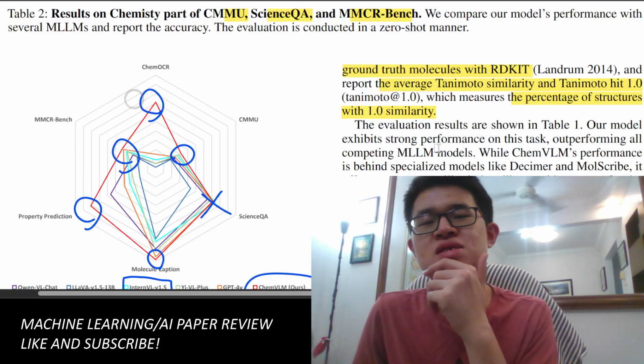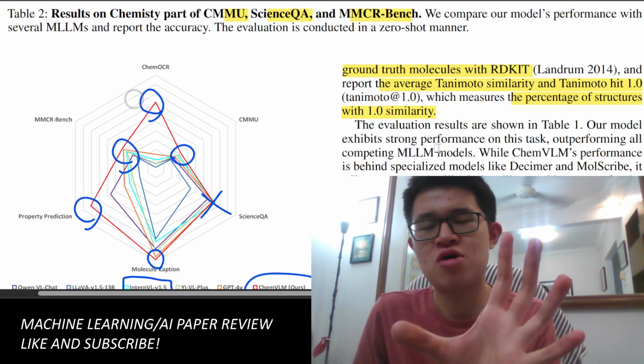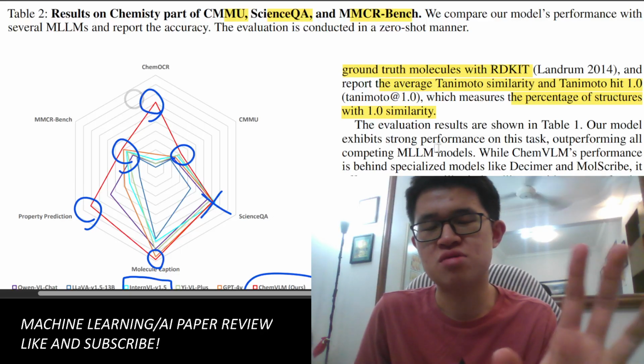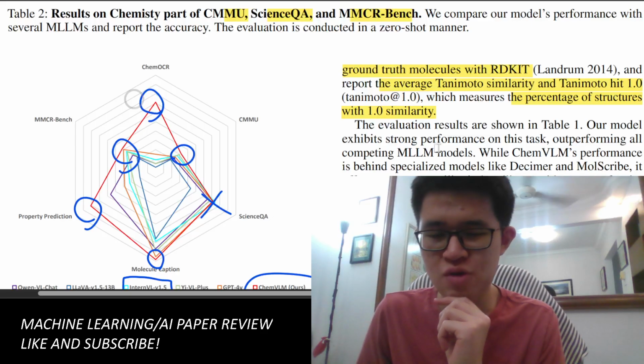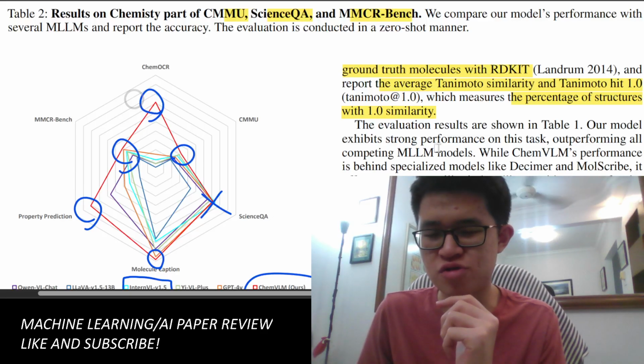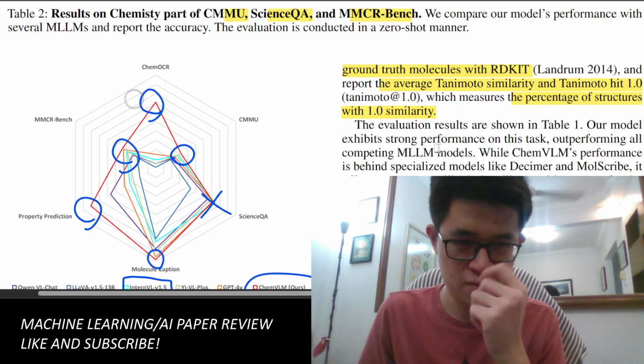In this case, it would be the entire structure that would be the same, right? So there is not even a single wrong substructure in the entire molecule there.